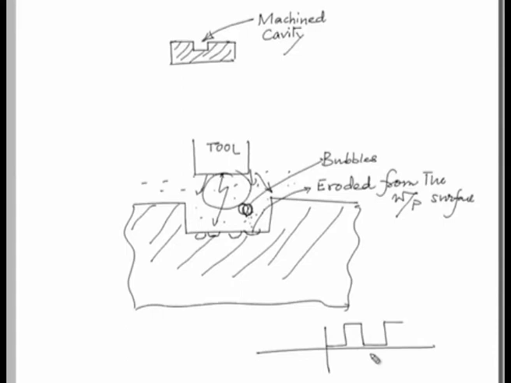So, this is the pulse we are using, but this is the time when there is no voltage applied, and we can call this the off period, or there is no pulse applied between the tool and the workpiece, during which, as I was talking about, the fresh dielectric fills this zone.